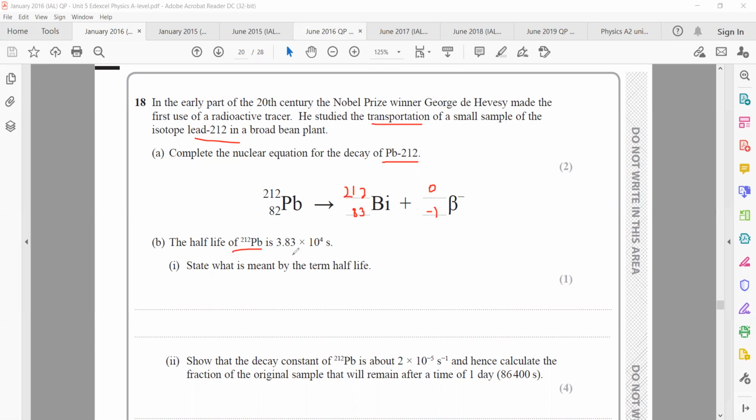The half-life of the lead is 3.83 × 10^4. What is meant by the term half-life? The half-life is the time taken by half of the radioactive atoms, or half of a radioactive sample, to disintegrate.